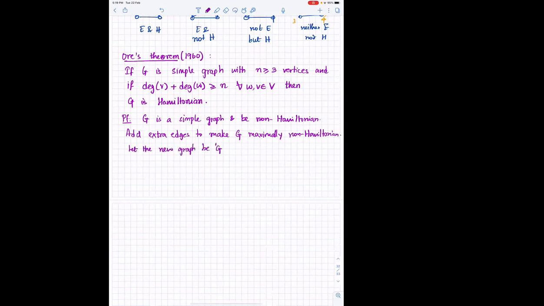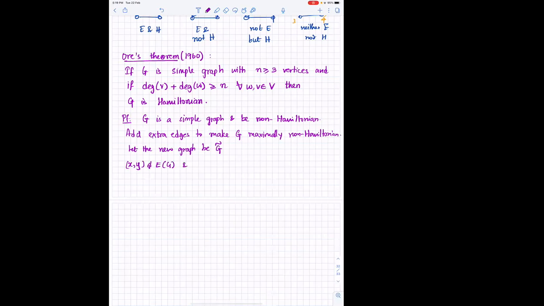So if you add one more edge to G tilde, then it will become Hamiltonian. Okay. Because we only added extra edges, the degree can only increase. We did not remove anything. We are only adding additional edges. Now, we know that suppose xy is not an edge in the graph.